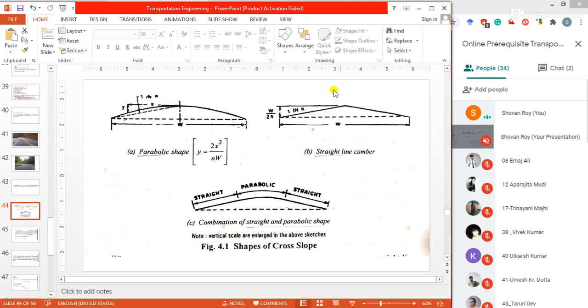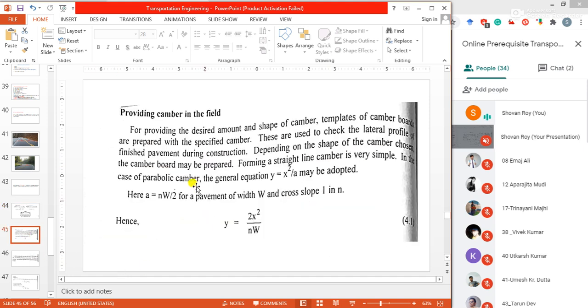Okay, this is the simple calculation for my camber. This is the straight portion. But if my camber is a parabolic shape, in that case something more is required. Suppose a parabola.